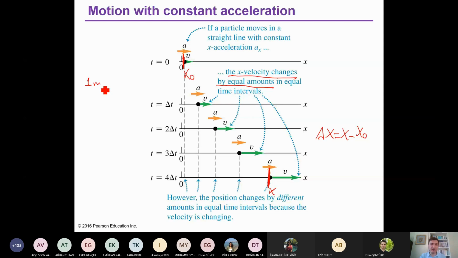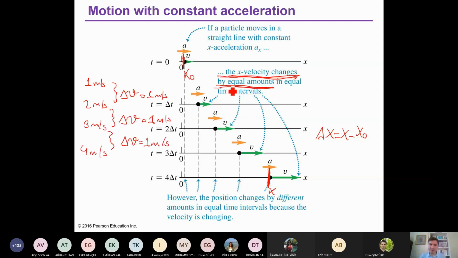So what is the delta V here? 1 meter per second. Here, what is the delta V? The change in the velocity, 1 meter per second. Here, let's consider 4 meter per second. And then the delta V again is given by 1 meter per second. So x velocity changes by equal amounts, okay, in the time intervals.